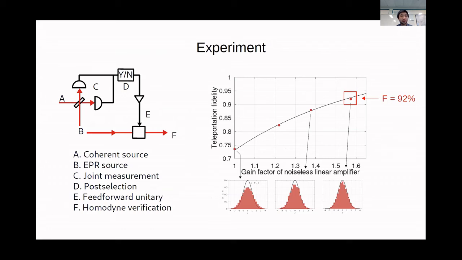We set up a simple teleportation apparatus that physically is the same as other teleportation, but the difference is that after the joint measurements, we implement a post-selection step where we decide whether a specific outcome is accepted or discarded based on the measurement-based noiseless linear amplification.